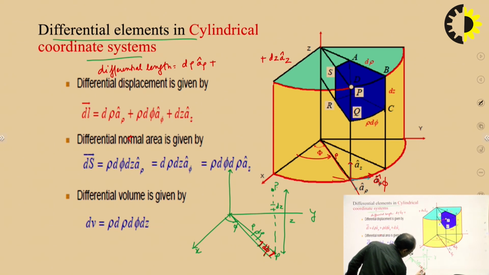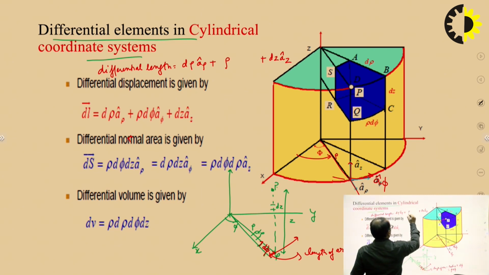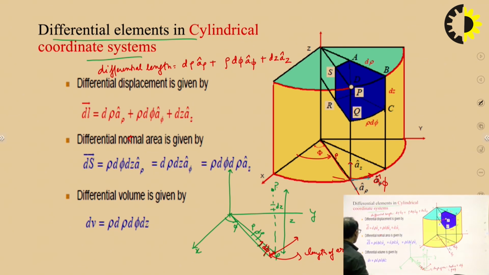This is the length of arc, and the length of arc is equal to radius multiplied by d phi, that is rho d phi, and a cap phi will be in this direction, that is rho d phi a cap phi. Clear?